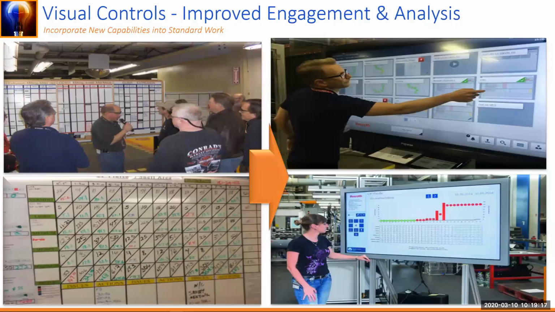So, some of the examples of this: I talked about the visual controls earlier, and when I'm talking with traditional lean people, this is usually the pushback that I get, that the engagement they are looking for from people coming in and writing their hourly results on the whiteboard and so forth as they go through the day is critical to the adoption and setting the culture.